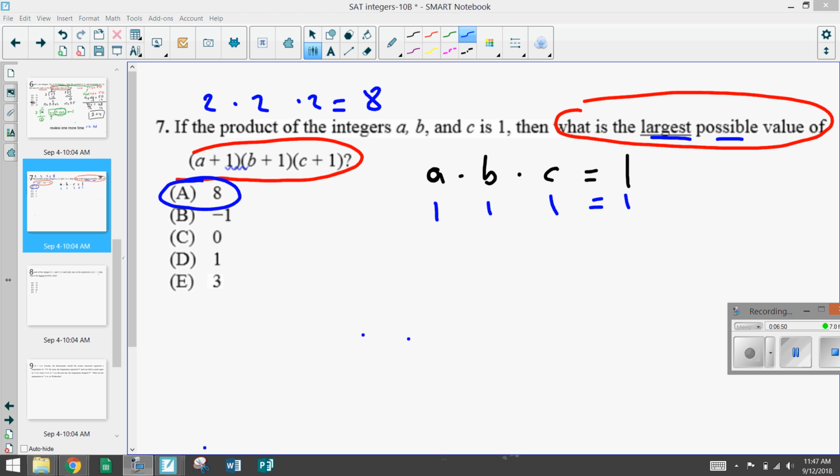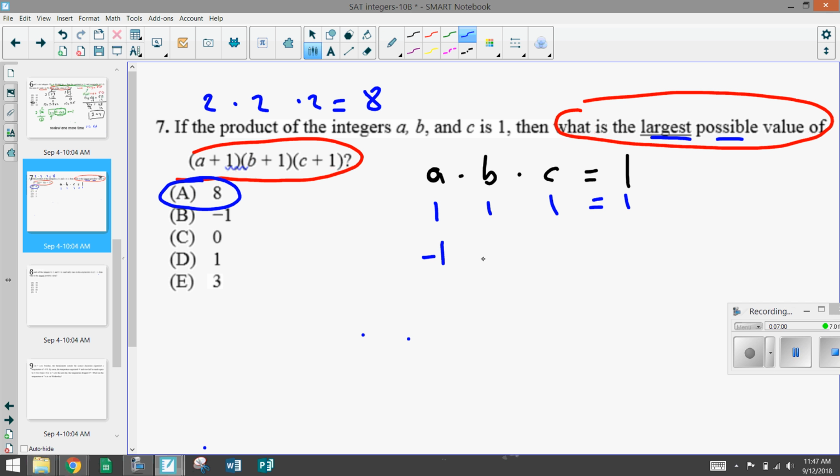Yes, sir. So we got the right answer, but this is one possibility. 1 times 1 times 1. Can I do this? -1 times -1 times positive 1. That'll be 1 because negative times negative is positive. Positive times positive, positive. That works. Let's try this. a is -1 in this case.